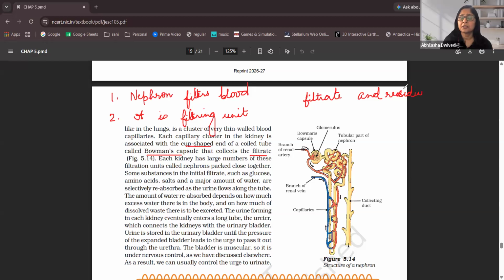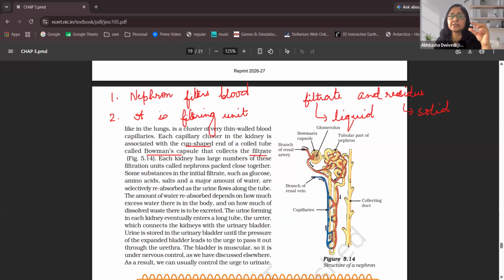What is the difference? First of all, imagine that you're filtering tea or coffee. That would be easy for you to remember. So the tea powder, the dust part, would be the residue. It will be mostly solid. And filtrate would be the liquid. So it collects the filtrate. That means not everything comes inside.